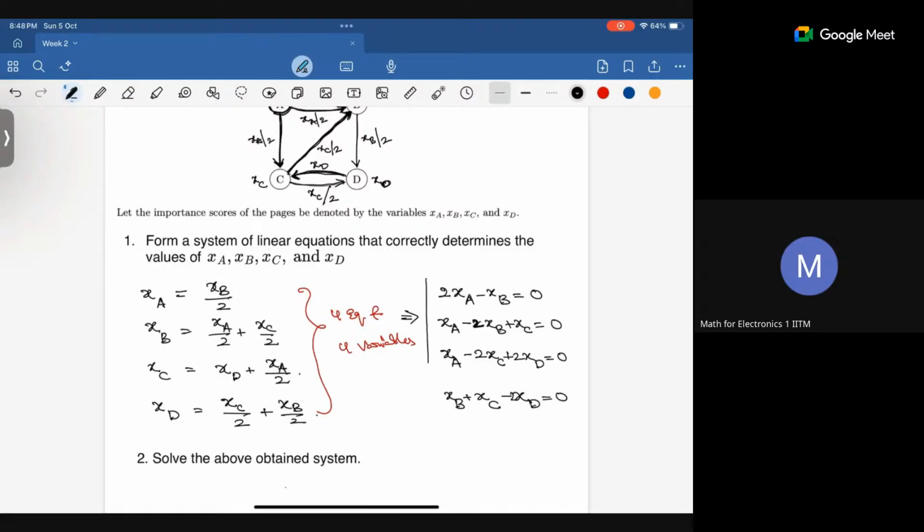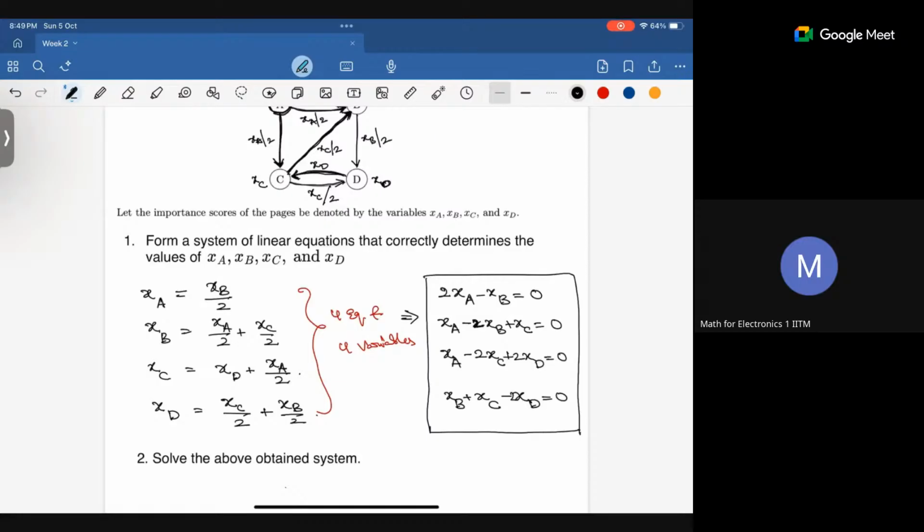So this is the simplified form of the system of linear equations that actually describes the importance of xa, xb, xc and xd. Right, so once you form this system of linear equations, the second thing is you should also find which page is important, right?